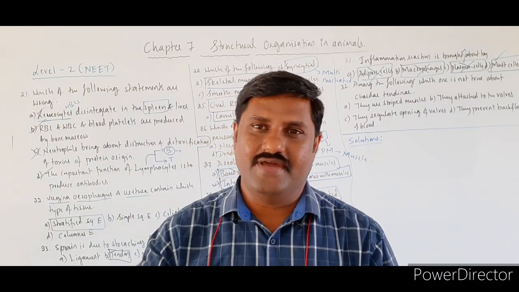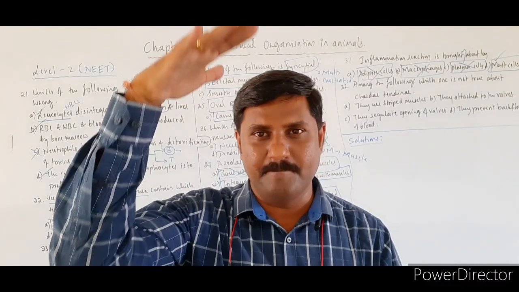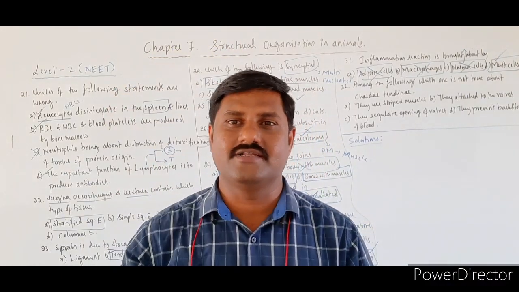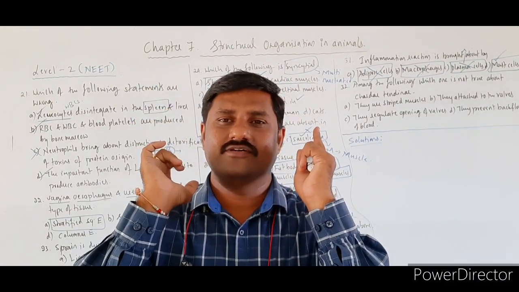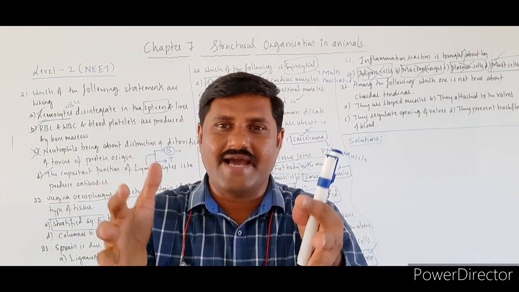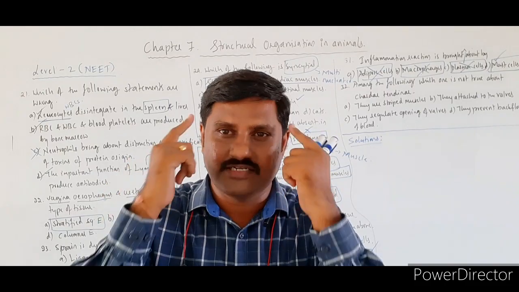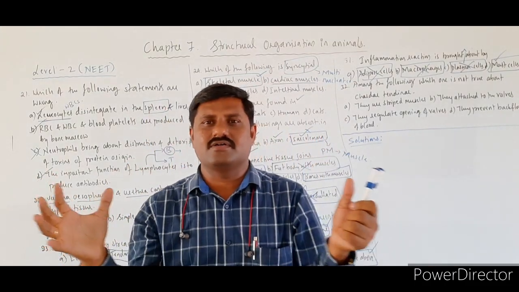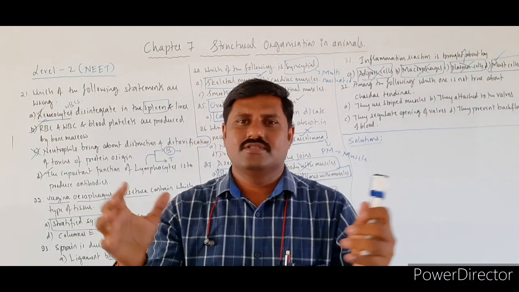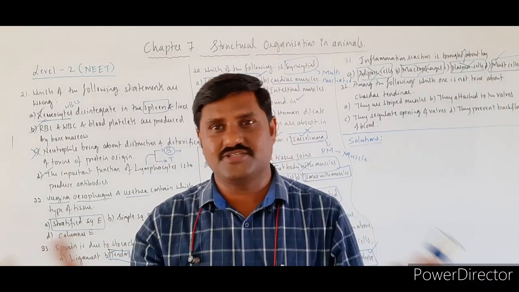Through the tricuspid valve and the bicuspid valve, on the right as well as the left part of the heart respectively. Whenever the blood is pumped into the ventricles, it should not go back to the auricles, right? Whenever the ventricles contract, that movement, systole, diastole, we call it.